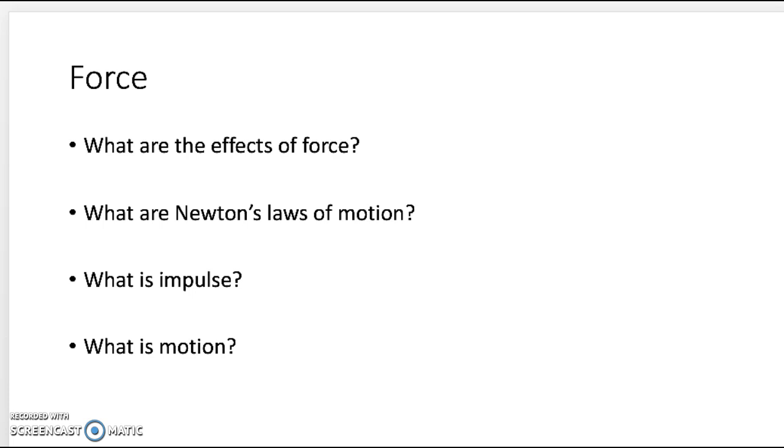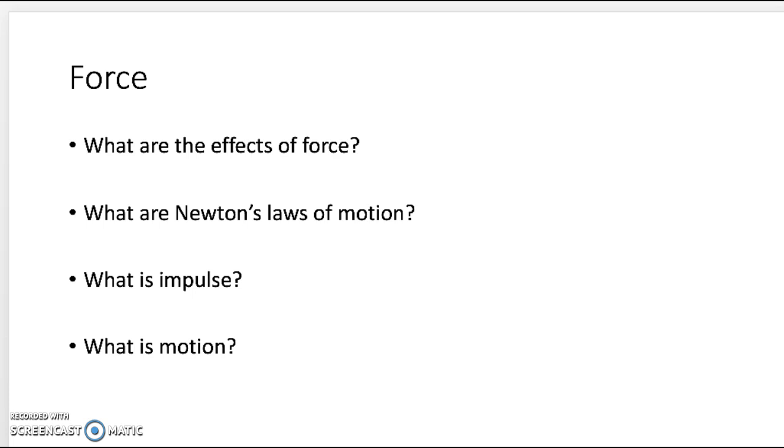Impulse. Impulse is just another way to describe force. So the amount of time a force is placed or pushed against an object or body is related to the change in momentum which takes place because of this. So this is what an impulse does.